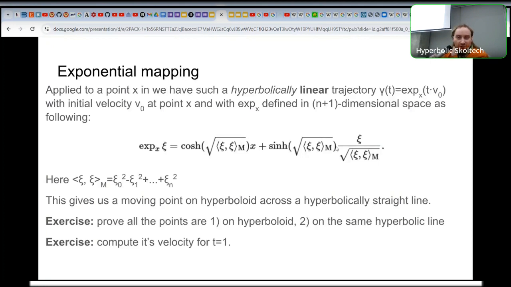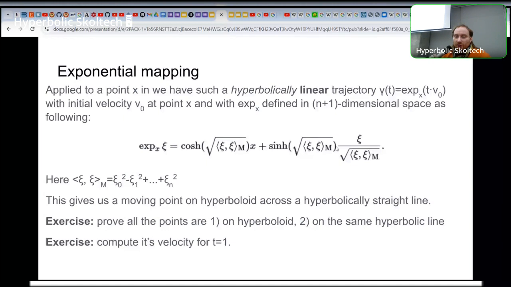You might ask me what it is, but here is the formula in case you were worrying. Those things I was saying are again from differential geometry. So this is a mapping from tangent vectors to your hyperboloid.